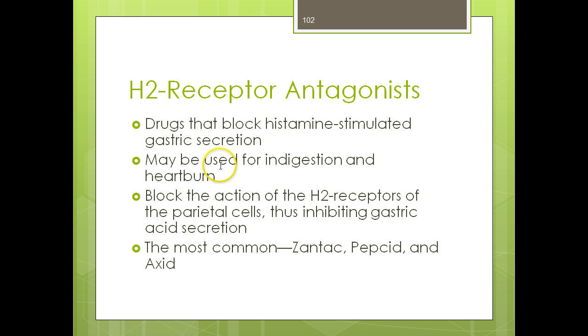The difference: the H2 receptor antagonists are drugs that block histamine-stimulated gastric secretion. They may be used for indigestion and heartburn, and they block the action of the H2 receptors. The most common are Zantac, Pepsid, and Axid.